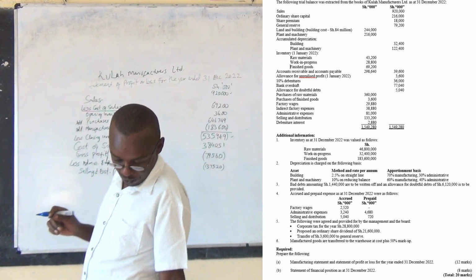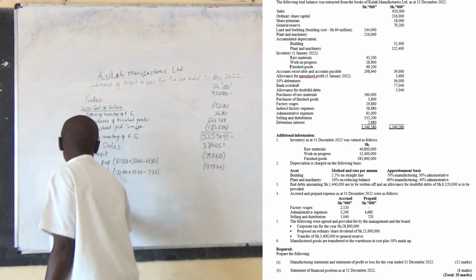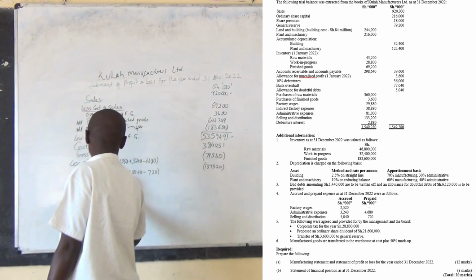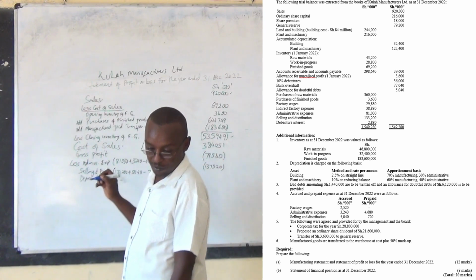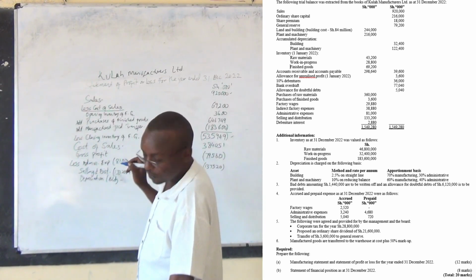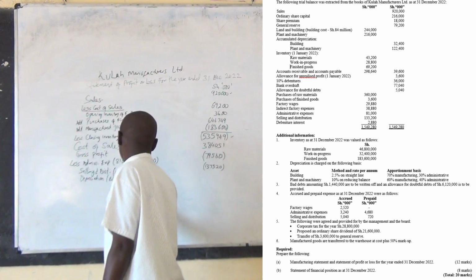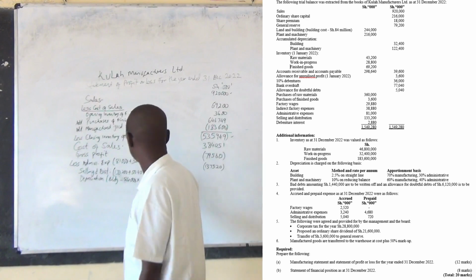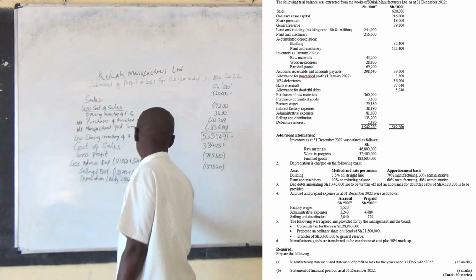Then we have the depreciation of the building, which is 84,000 times 2.5% times 30%.